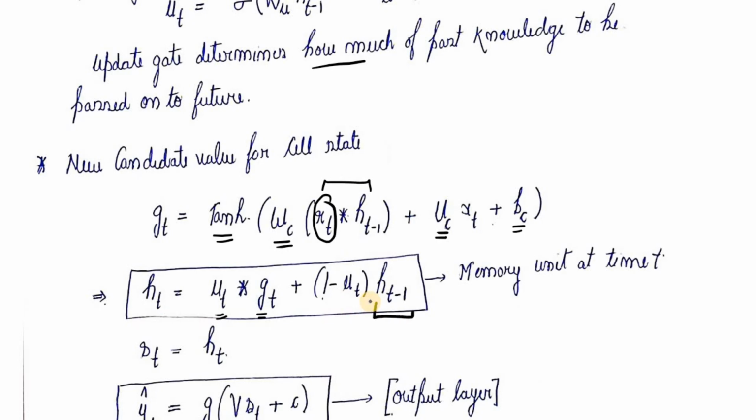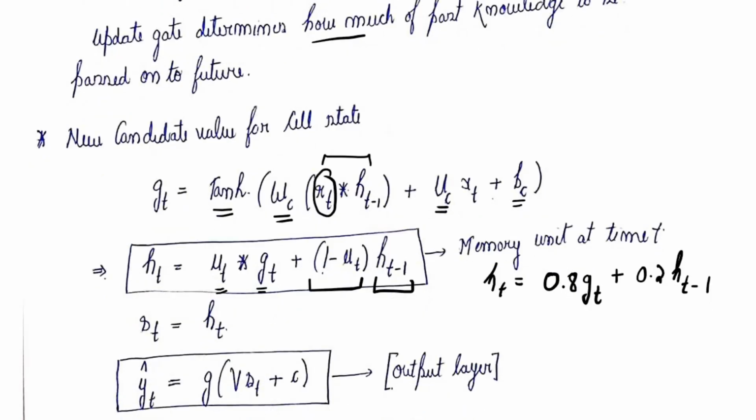Like, ht minus 1 is multiplied with 1 minus ut. If ut is 0.8, it will mean that 80% of the new candidate value needs to be incorporated, and 20% of the previous hidden state value having some information needs to be incorporated in order to update the hidden state. Now these cell state and hidden state both are the same, st and ht are same, and eventually the output layer calculation is exactly the same as we had been doing across all the three networks.